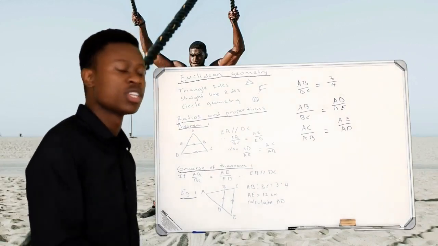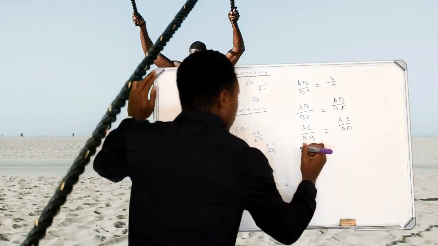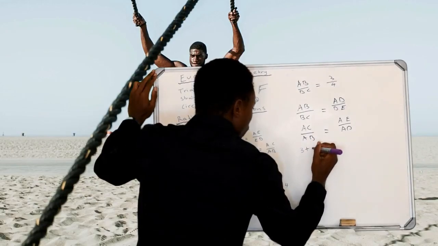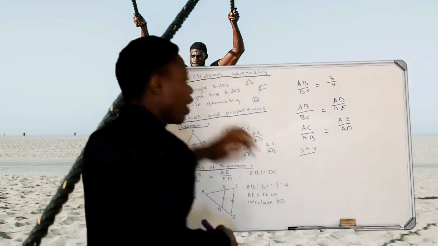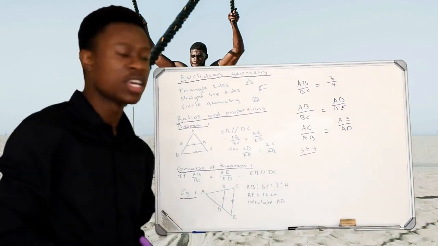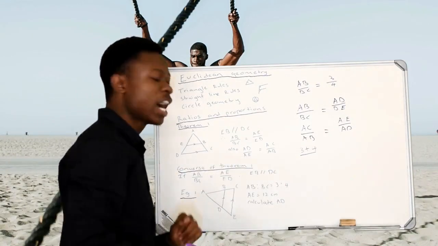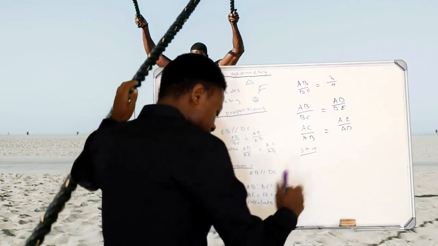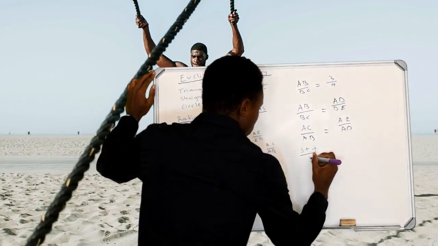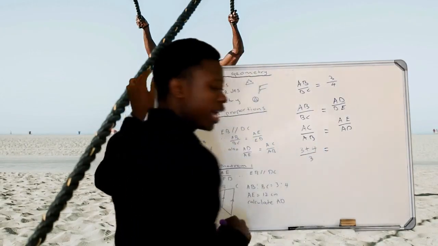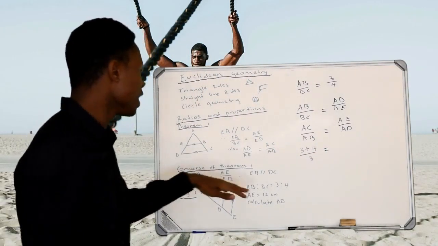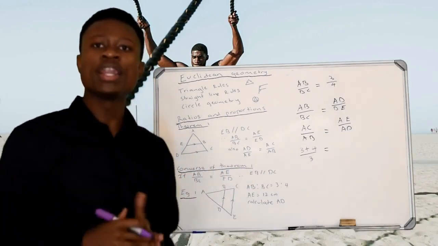What does that result? That results in me getting 3 plus 4 divided by what? Do I know what AB is? AB is given. I already know it's 3, right? AE, right? Do I know what AE is? Yes, they gave me what AE is.